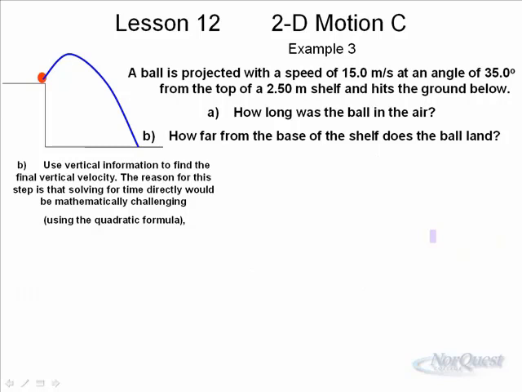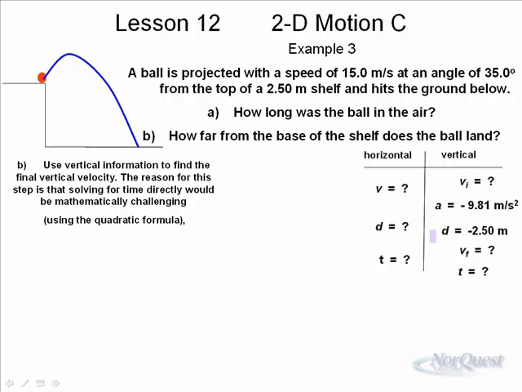The reason for this is that if you tried to solve for time using d is equal to v_i t plus 1/2 a t squared, you would find that because the t is in two places at once, it's difficult to solve for. You would have to use the quadratic formula from Math 20 or Math 30, and it gets a little bit messy. It's a challenge, and some of you, I'm sure, are up for it, but there's an easier method, and that's step B here.